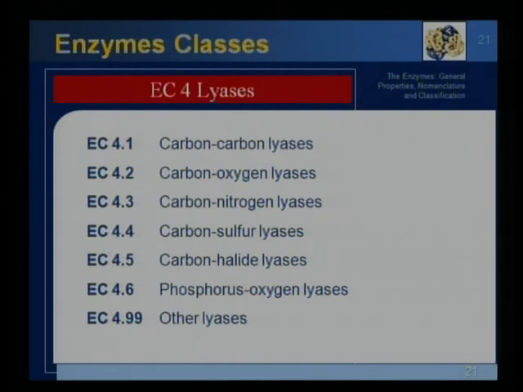EC 4.2 is carbon-oxygen lyases. If it is EC 4.4, then it is acted upon by carbon-sulfur lyases. Then if it is 4.99, then it is other lyases. So that is the case.